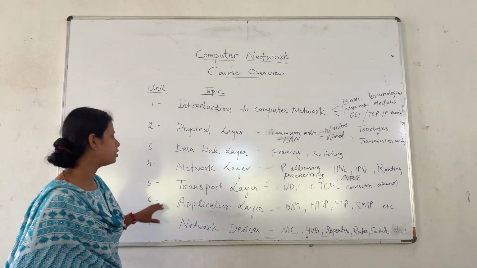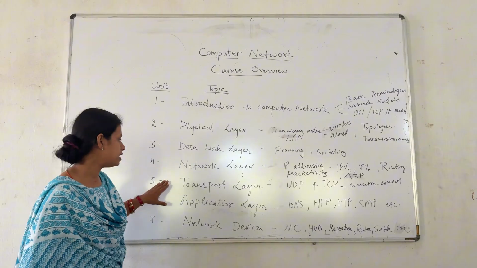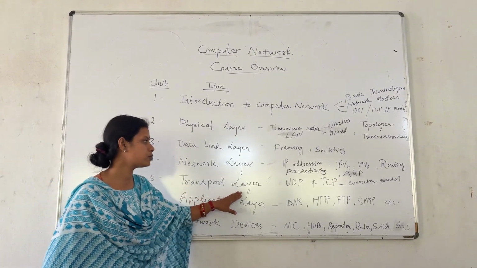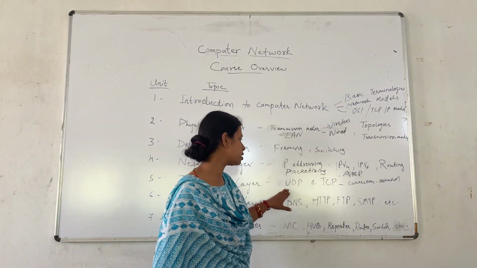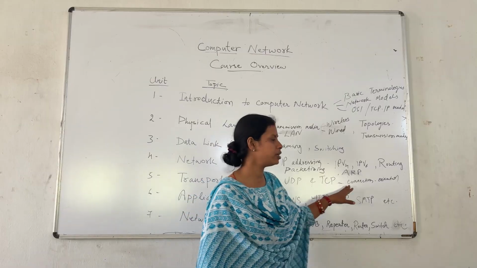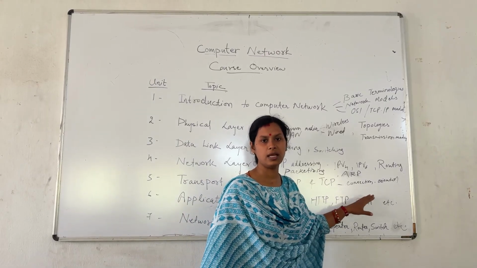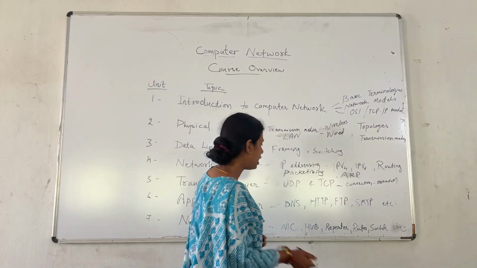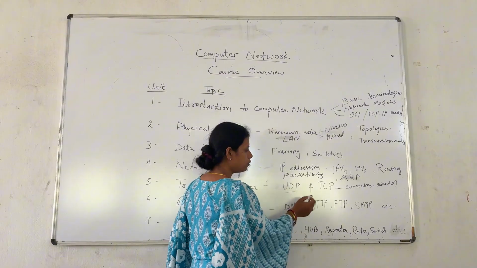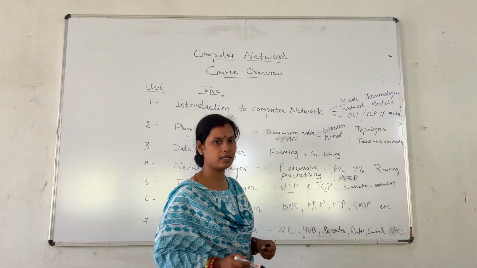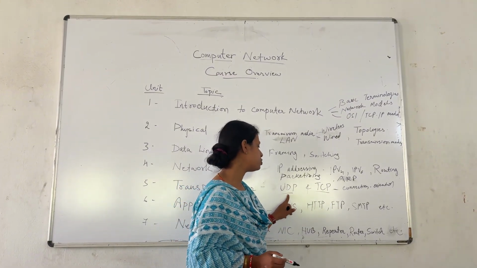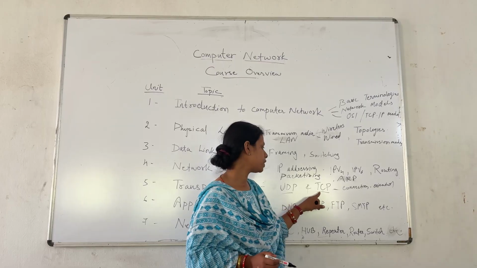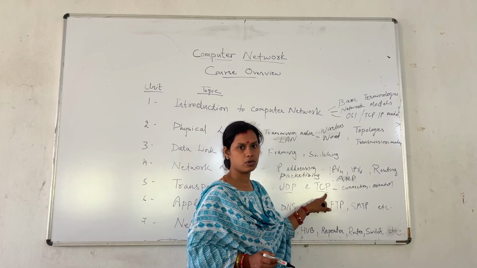Then we have the transport layer. Basically in the transport layer we have two types of services: a connection oriented service and a connectionless service. I have written two protocols which deal in this layer, UDP, user datagram protocol, and TCP, transmission control protocol.